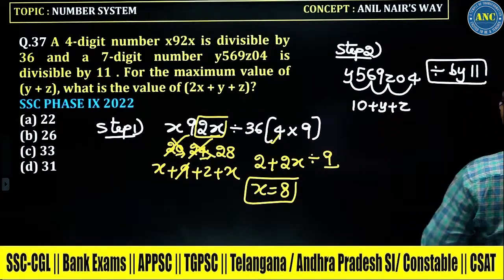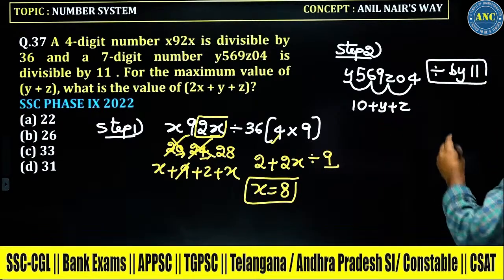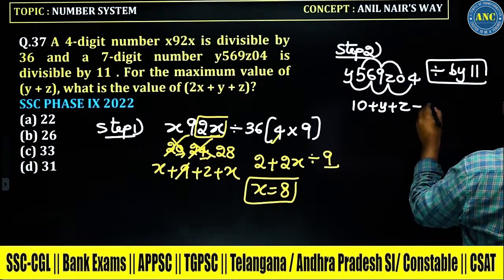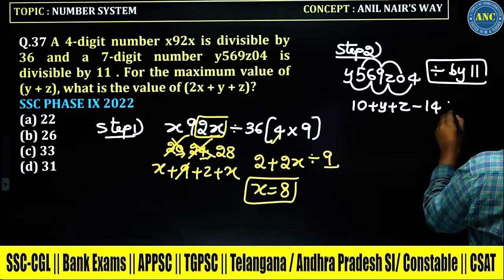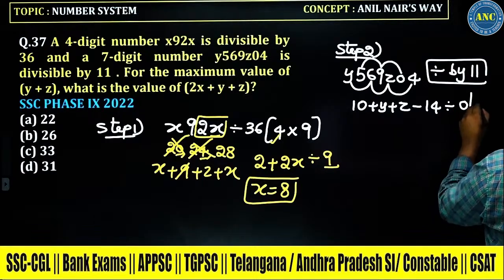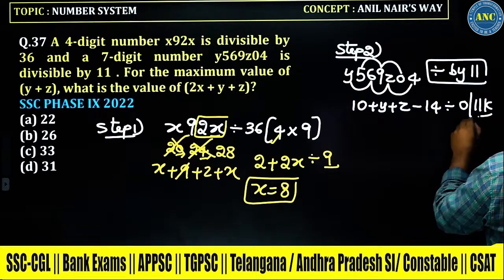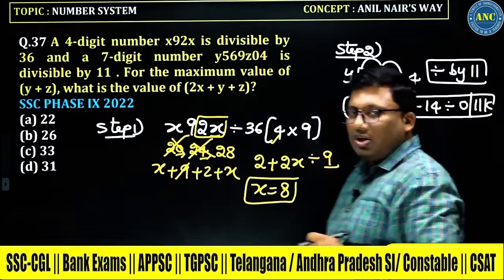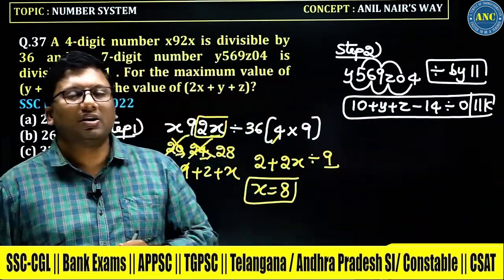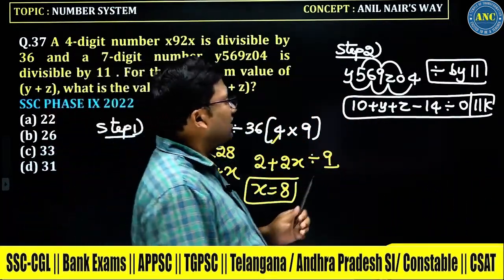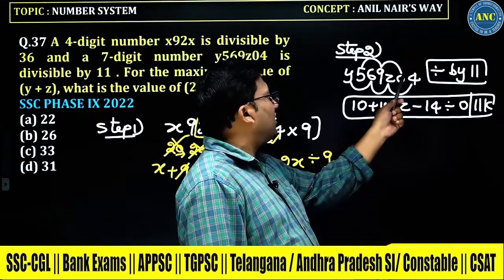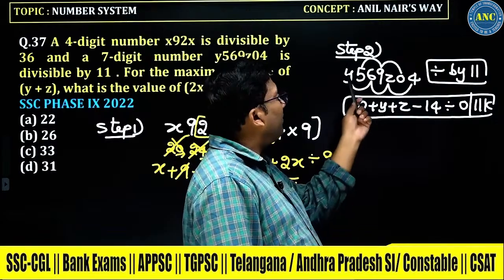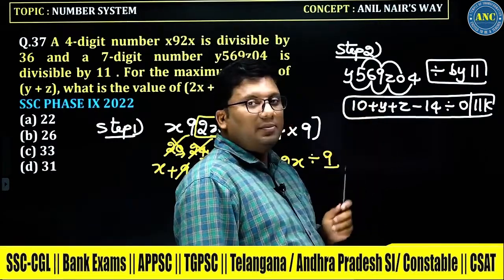The sum of the even places is 0 plus 9 plus 5, that is 14. The difference should be either 0 or divisible by 11. Sum of the odd places is 4 plus z plus 6 plus y, sum of the even places is 5 plus 9 plus 0.